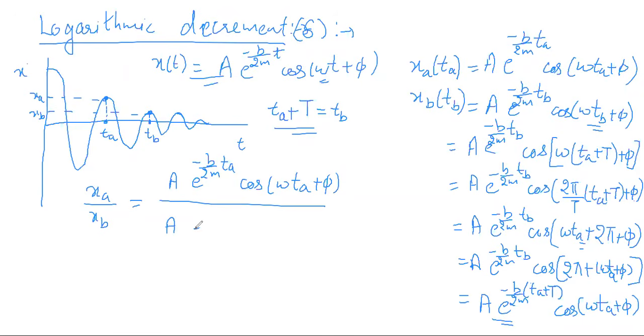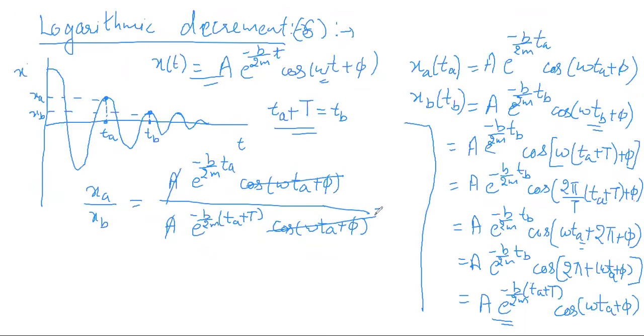This would be equal to A e raised to power minus B upon 2m TA plus T cosine of omega times TA plus phi. A will cancel, cosine term will also cancel. And from this expression also, your minus B upon 2m TA will cancel, and you will be left with something which would be e raised to power 1 upon e raised to power minus B upon 2m T. And I can take that in the numerator in this way, right?